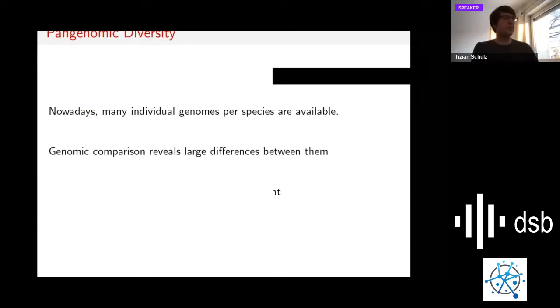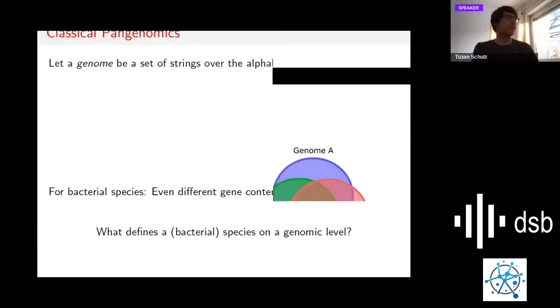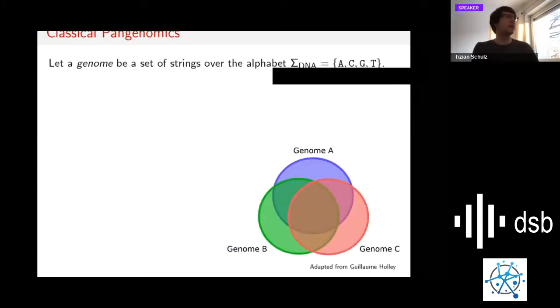So the question that arises is, if different individuals from the same species are so diverse, what actually defines a species on the genomic level? This question can be answered by a classical pangenomics approach.